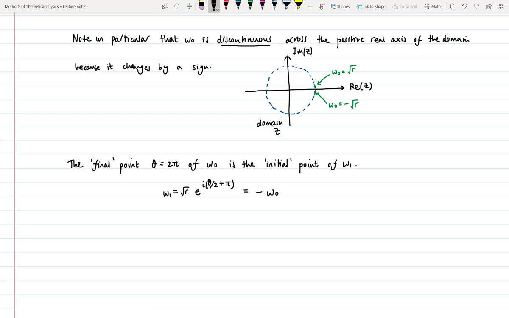for W1. What do the real and imaginary components of the complex number W1 look like? Well, it's just going to be a reflection about the x-axis of what we had earlier for W0. The real part is now given by minus cos of theta over 2, which looks like this.